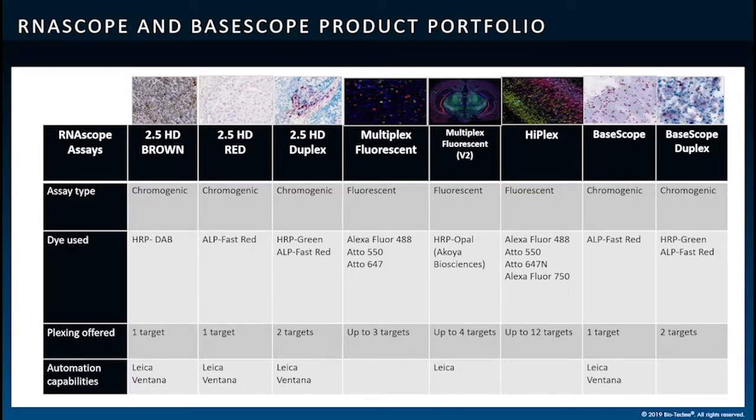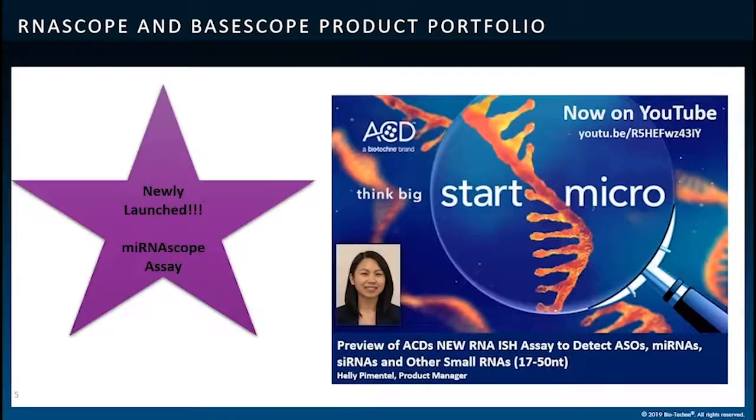If you are looking for targets that are short sequences and shorter than 30 base pairs, we have our BaseScope assays that are also available as BaseScope singleplex or duplex, and only the BaseScope singleplex can be performed on the automated Leica and Ventana platforms. In addition to all these assays, we recently launched our microRNAscope assay. The microRNAscope assay allows you to detect shorter targets such as ASOs, microRNAs, siRNAs, and RNAs smaller than in the range of 70 to 50 nucleotides.